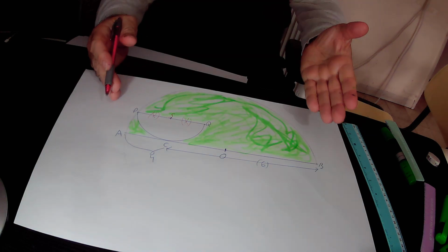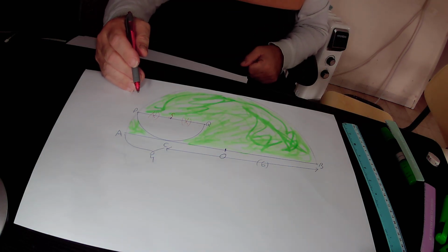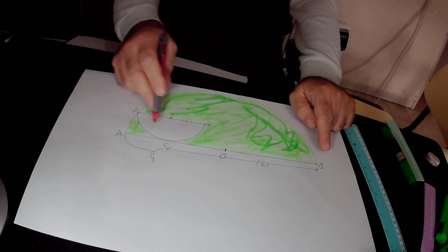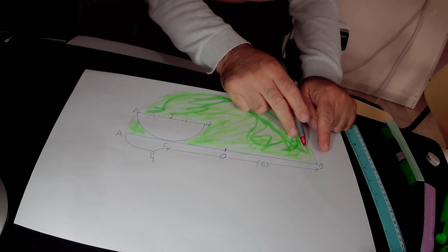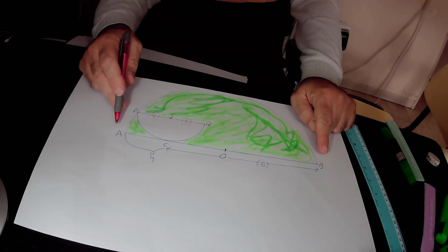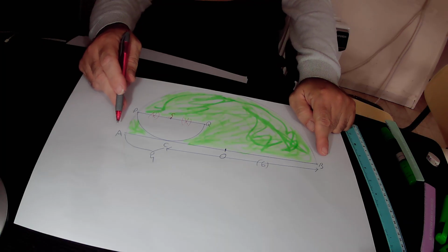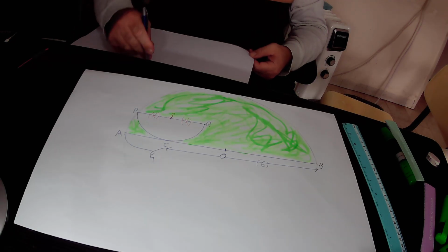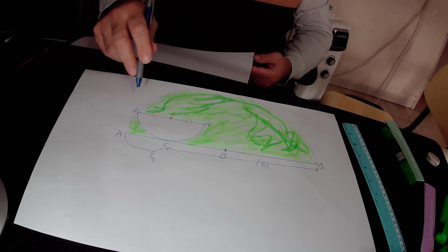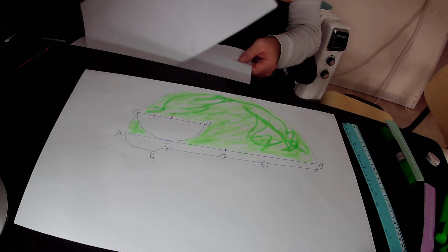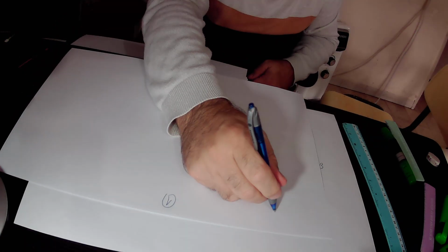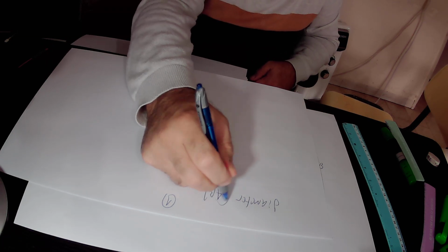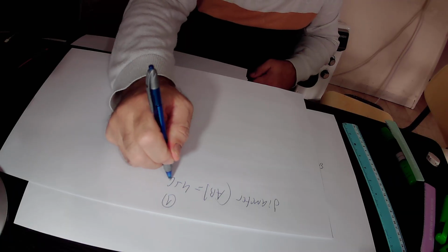What is the radius of this big semicircle? We know that the diameter AB in total equals AC, that is 4, plus CB, that is 6. So in total the diameter AB of this big semicircle equals 4 plus 6, that is 10.